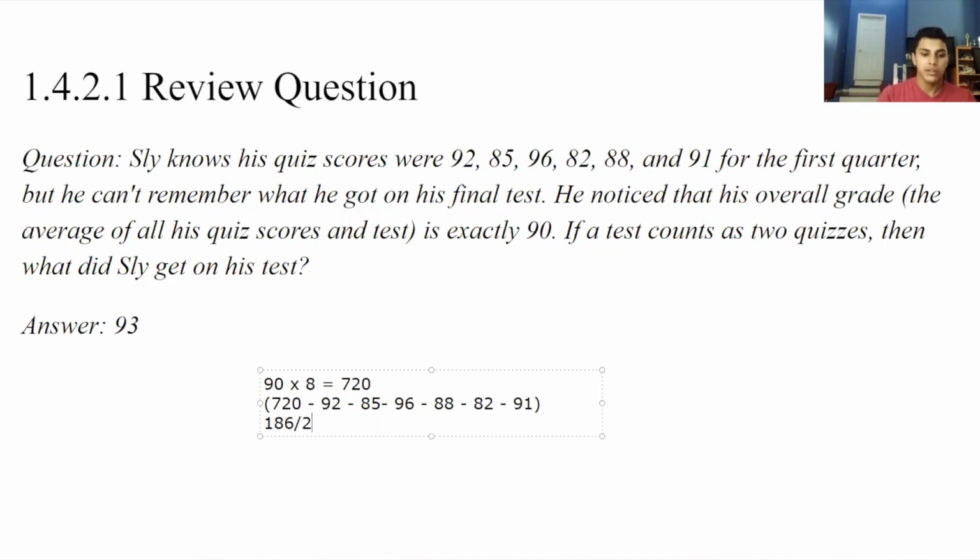Because from 720, we subtracted 6 pieces of data, but we multiplied 90 by 8 pieces of data, which means what we'll be left with is considered as 2 separate pieces of data. So in order to find the value of one of them, and they're going to have the same value because they're just representing a test score, we just need to divide by 2. So 186 divided by 2 is 93. So Sly got a 93 on his test.